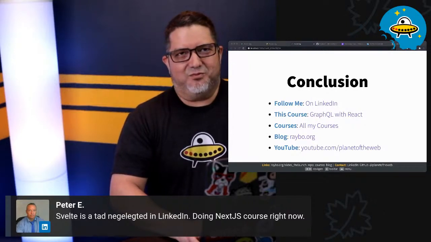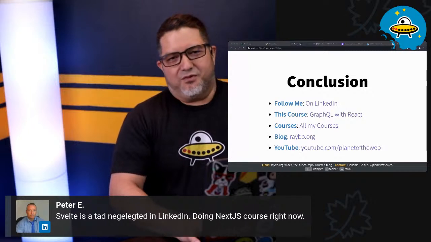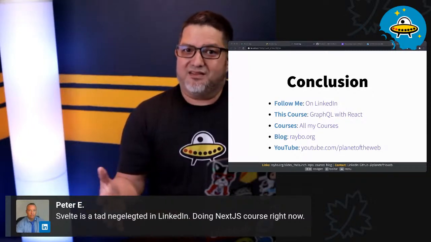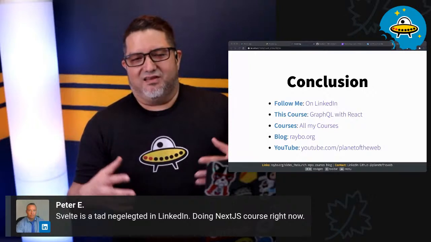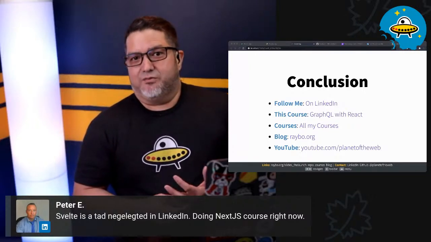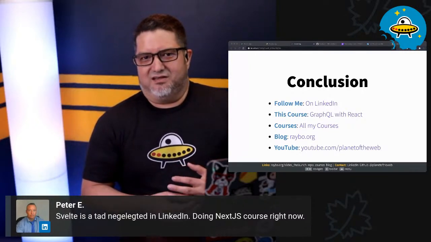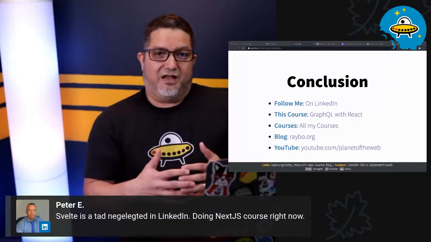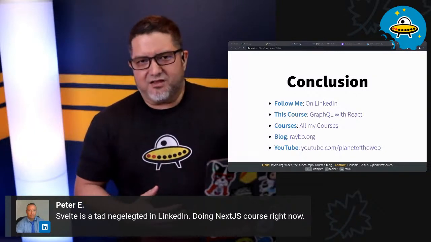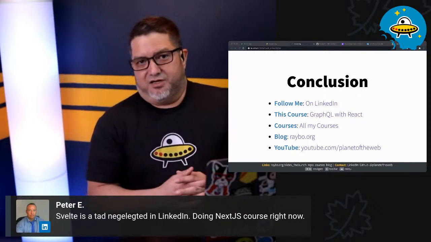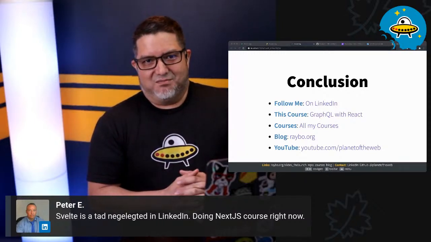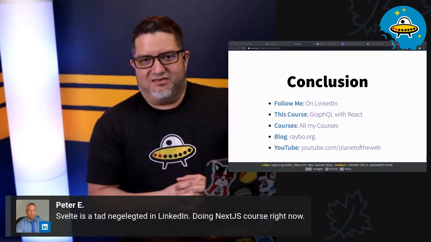I think the problem with it is that we definitely monitor the traffic to see how well things perform. And if something doesn't capture the audience, then we have limited resources and ability to cover things. So if you want Svelte or more Svelte coverage or Next.js, then just ask for it. And when a lot of people ask for things, then we end up doing a course.